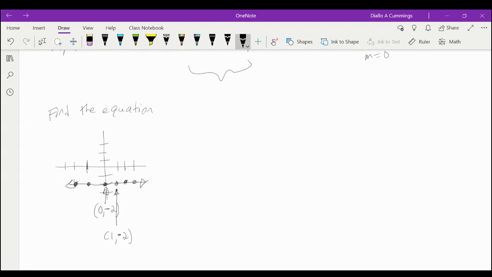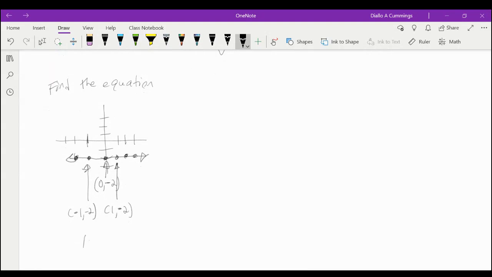Now I'll take the point to the left and do the same thing. I'm at the origin and I want to move one place to the left, so my x coordinate is -1. I'm going to go down 2, so my y coordinate is -2. So the equation for this graph should be y is equal to -2.